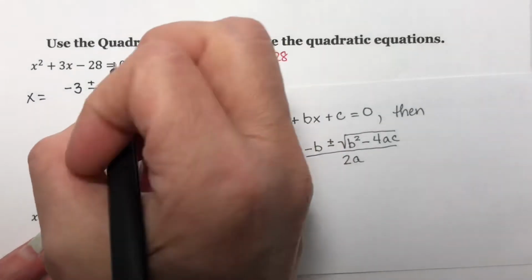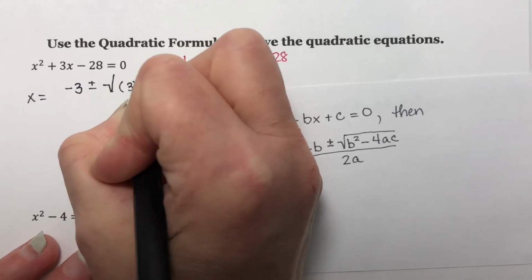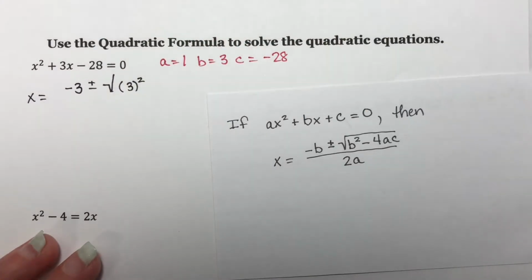I need b squared. You want to put this in parentheses. It doesn't matter so much when you have a positive number, but if it's negative, you need to include the parentheses, so just do it all the time.